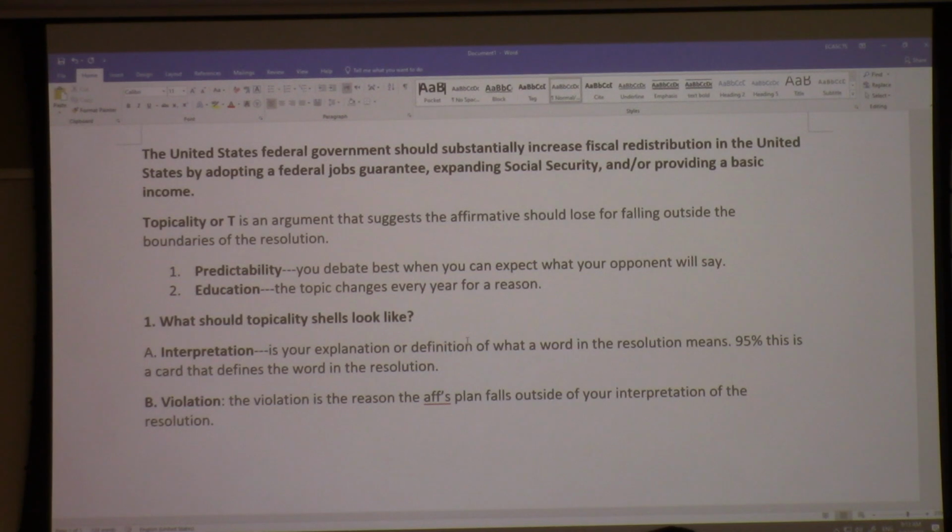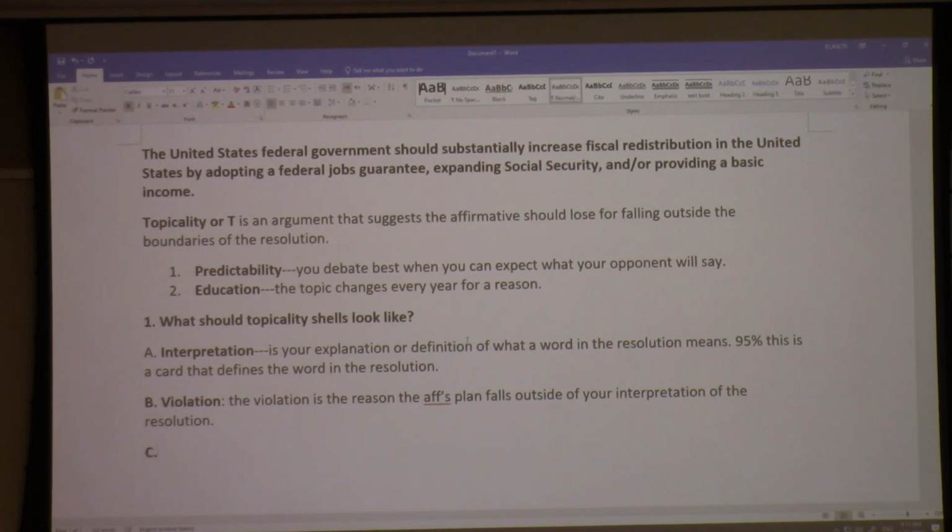The negative team will define what the resolution means, what certain phrases in the resolution mean, based on evidence. And then if it's not incredibly obvious, they'll read more evidence that explains why the affirmative falls outside of that interpretation of the resolution. So the first two parts of the topicality shell will usually fixate on precise definitions of what specific words mean that clearly show that the affirmative falls outside of how the negative has defined the resolution.